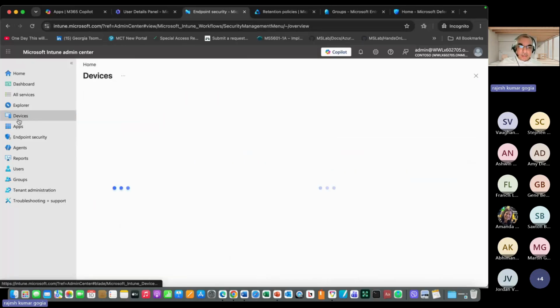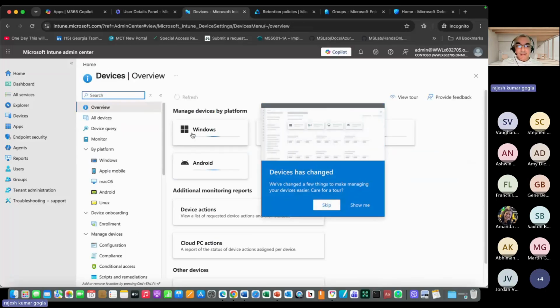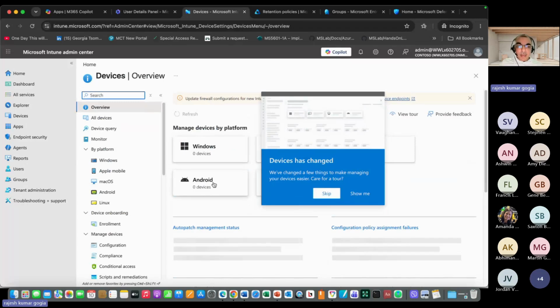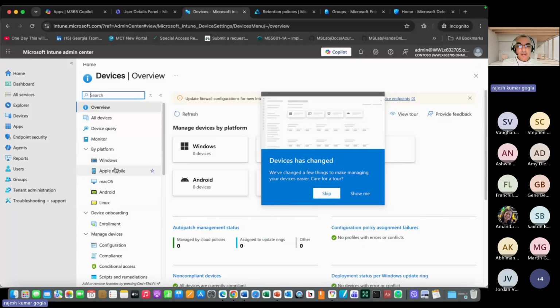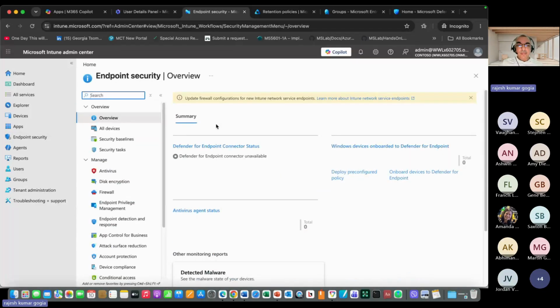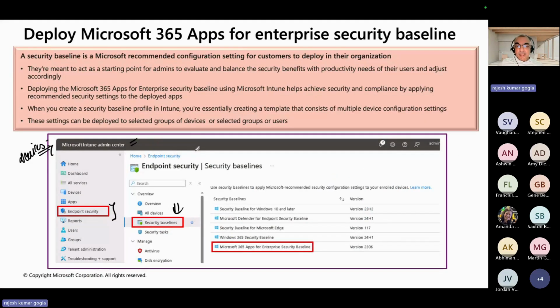And here the devices have to be onboarded. Which kind of devices? It can be Windows, Android, Apple devices, Linux devices, Apple mobile. All these devices can be onboarded, registered, and then you can enforce the policies to them. So what are you accomplishing? Nothing but endpoint security.